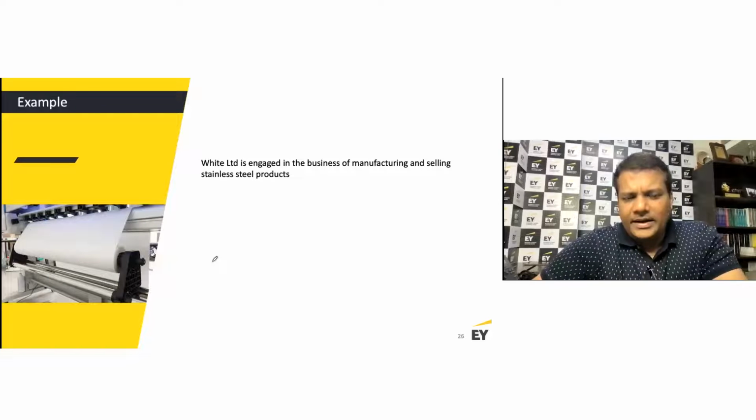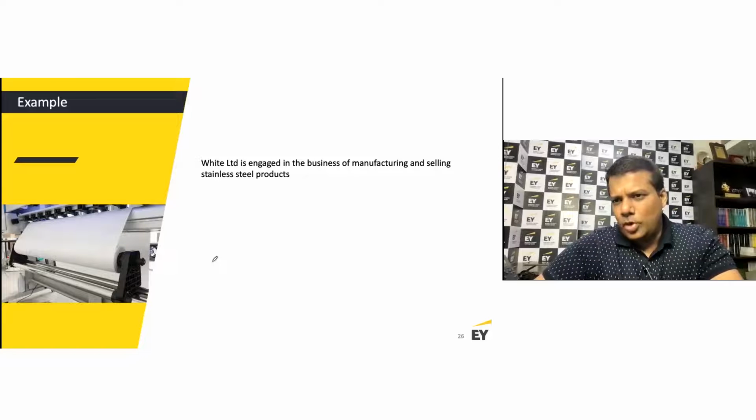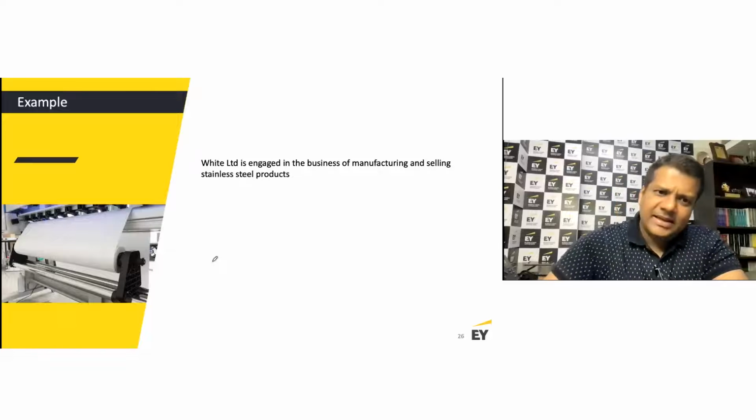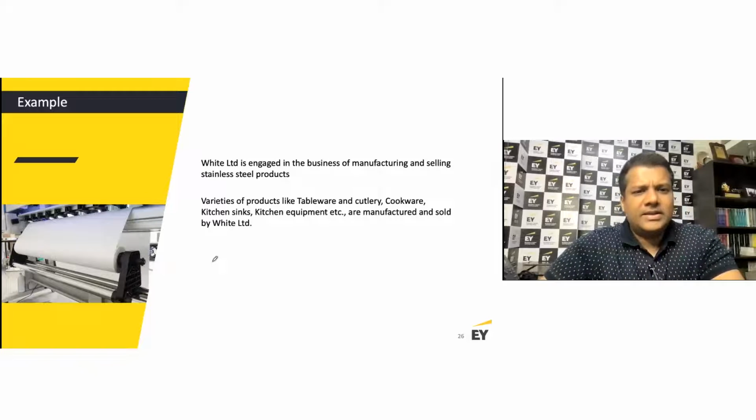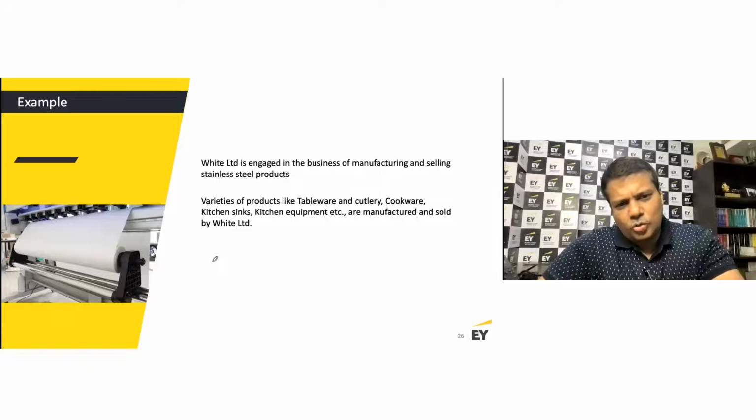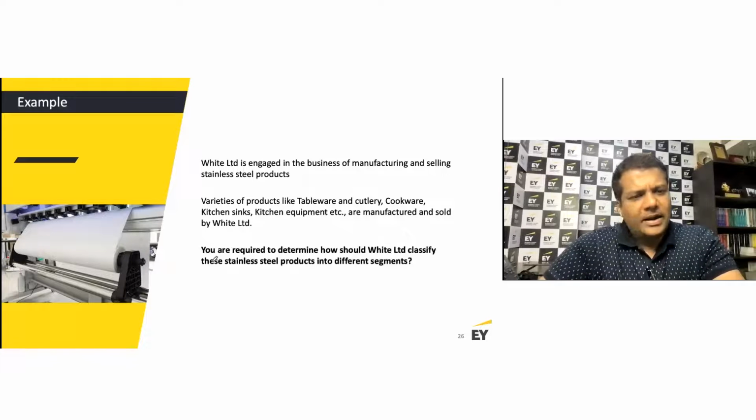White Limited is engaged in the business of manufacturing and selling stainless steel products. The varieties of products like tableware and cutlery, cookware, kitchen sinks, and kitchen equipment are manufactured and sold by White Limited.